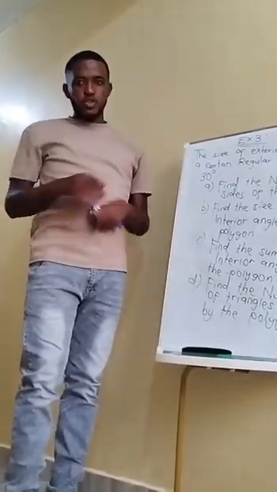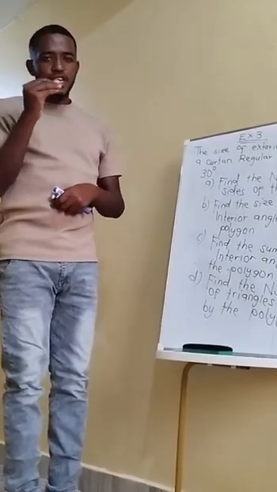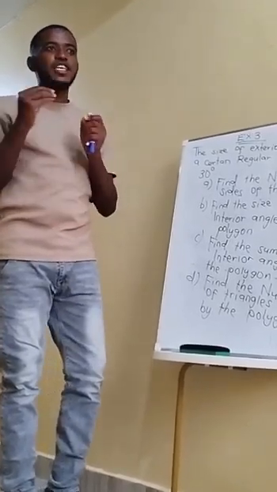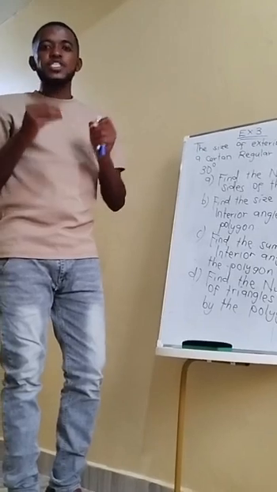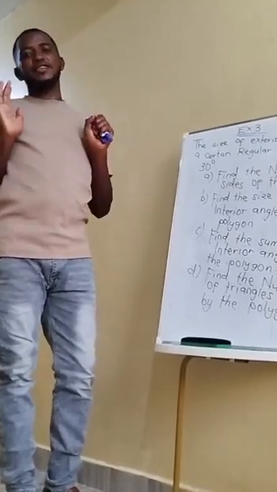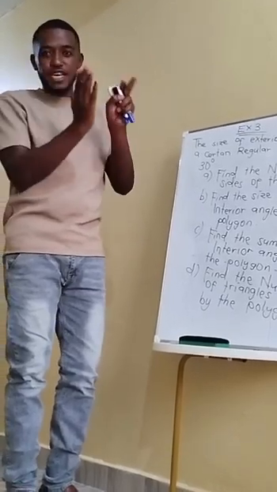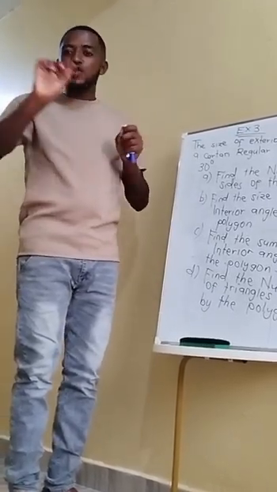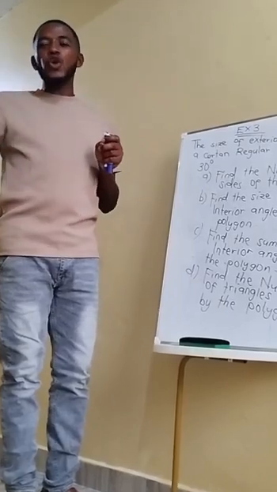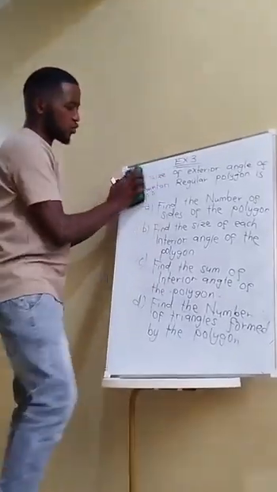So let me give you a hint. Whenever you are asked the number of triangles formed by a given polygon, we use the formula n minus 2 only, whereby n is the number of sides of the polygon. When you subtract 2, you always get the number of triangles formed by the polygon.